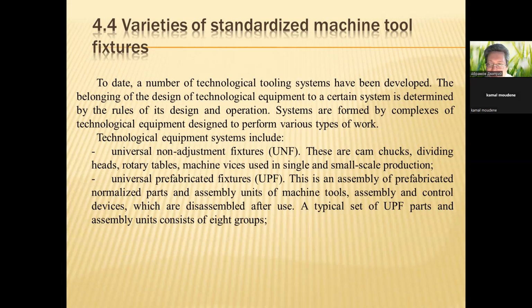Systems are formed by complexes of technological equipment designed to perform various types of work. Technological equipment systems include universal non-adjustment fixtures, UNF. These are cam chucks, divided heads, rotary tables, machine vices used in single and small scale production.